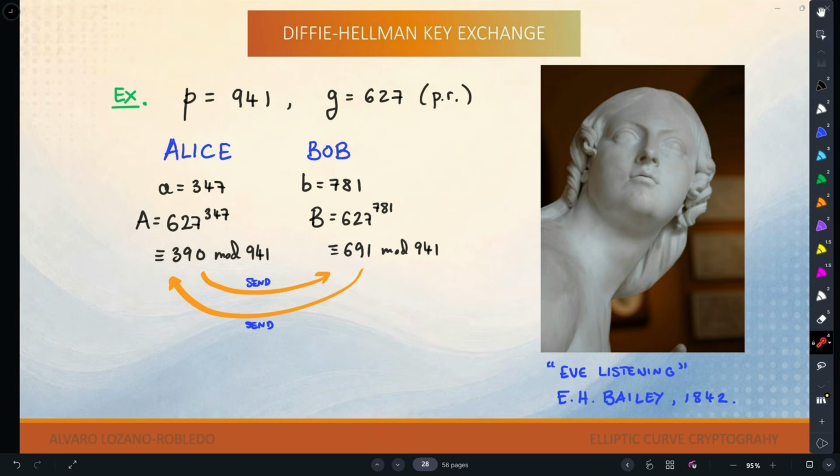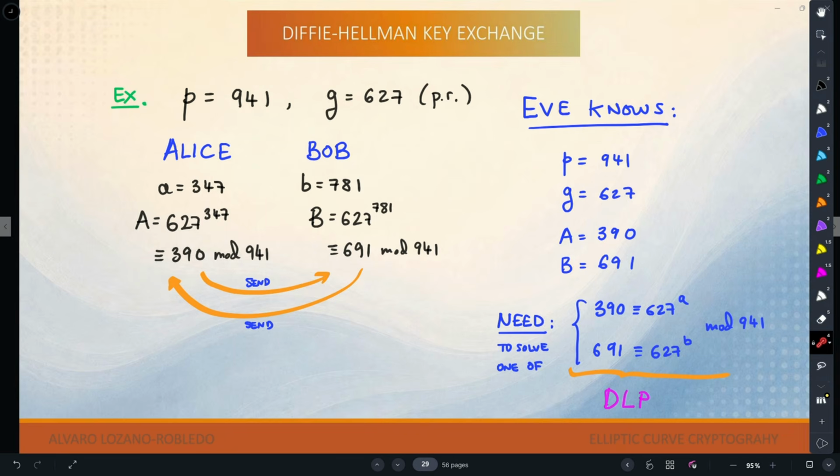For the security of these methods, you have to assume that everyone has all this information available. So what can Eve do? Well, Eve knows that this 390 is a power of 627. So Eve needs to solve this problem.